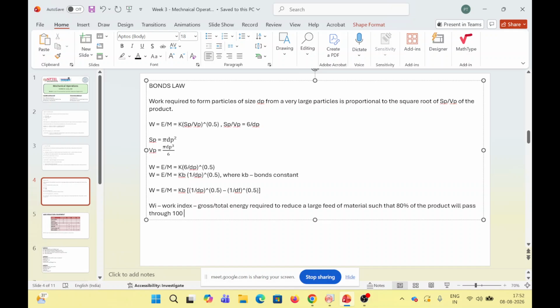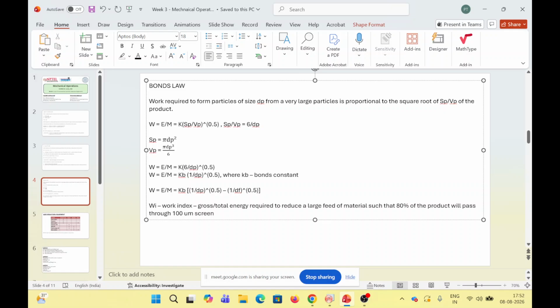a 100 micrometer screen. So what it typically means is, you take a 100 micrometer screen, and 80% of the product is supposed to pass through this screen.